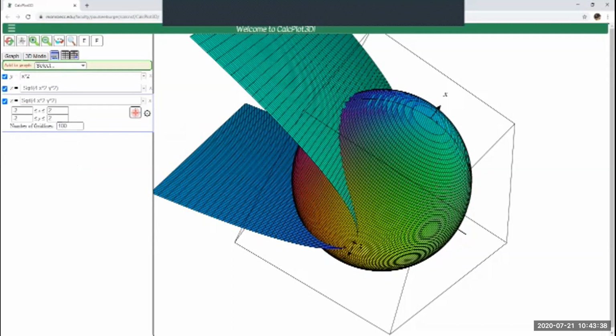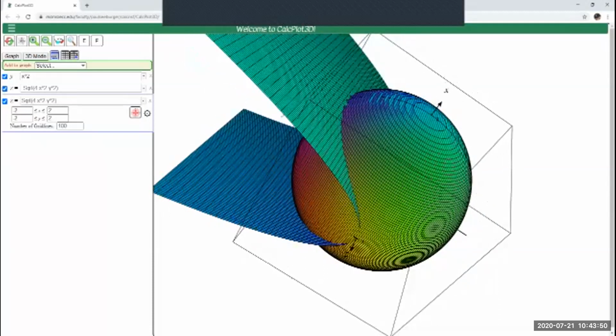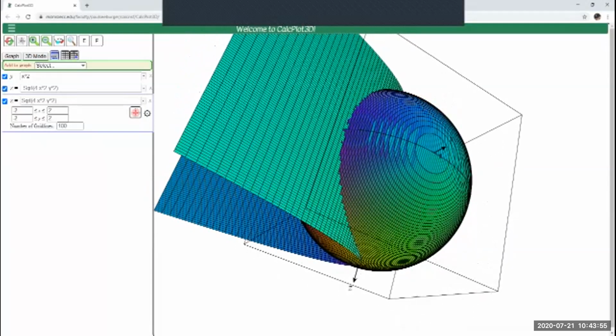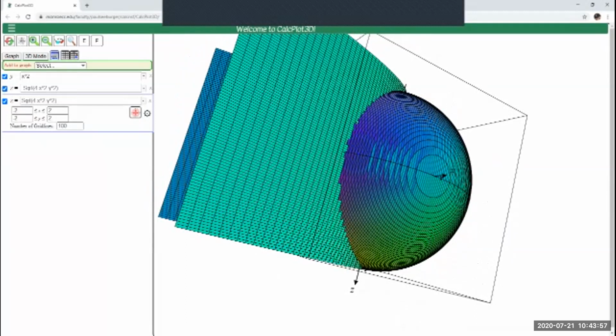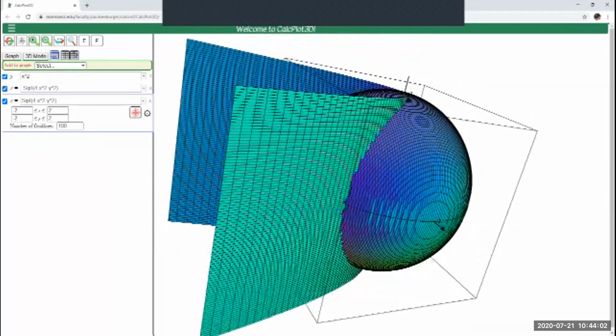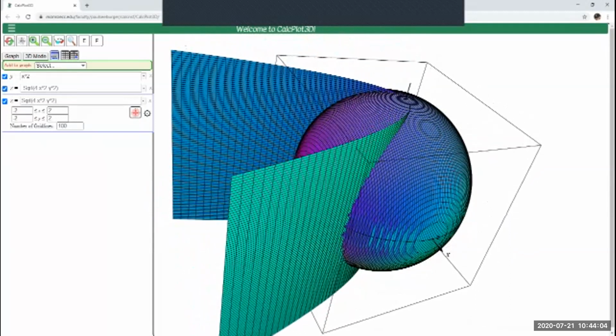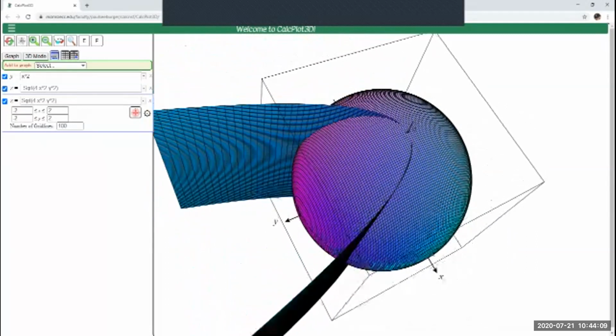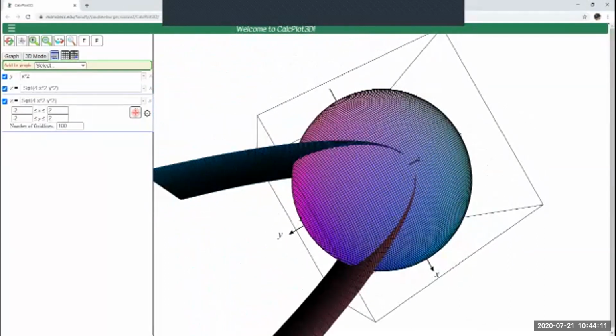Okay, so you can see the intersection here along this. This is the intersection curve. Do you see these points where they meet each other? This is the intersection. This is the curve which we are looking for. You see, it comes here and then gets to this point, and then comes here, and it looks connected.